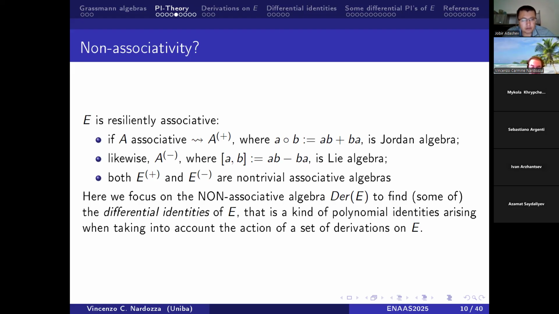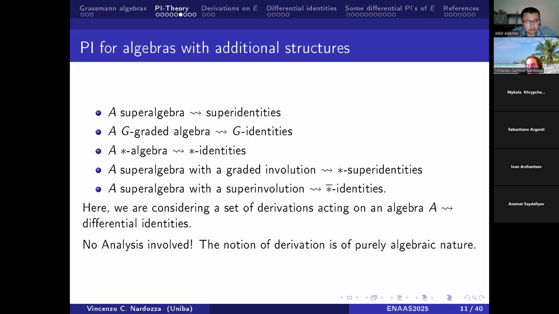This is not an unusual point of view, because there are several additional structures that define new kinds of polynomial identities. Every time we have an addition in the structure of an algebra, we get the corresponding notion of polynomial identities.